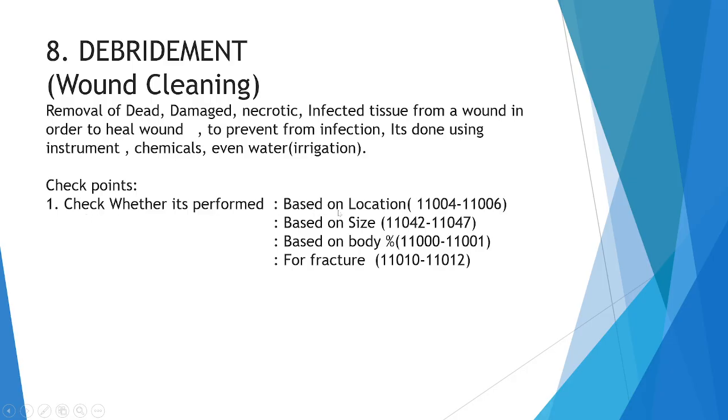It is based on the location, 11004 to 11006, based on the size, based on the body surface percentage, and for open fractures there is one based on four types. There is a code for the debridement.